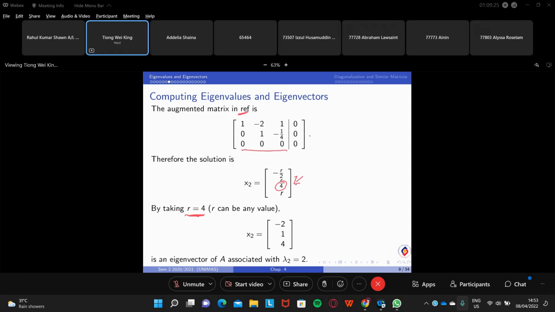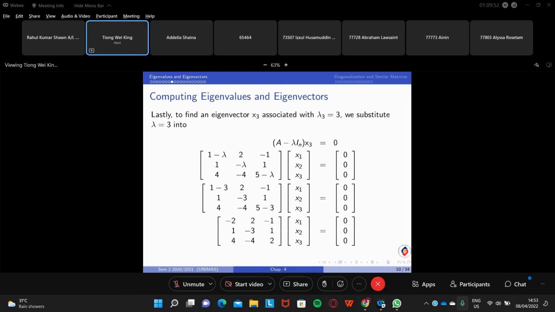But again, R can be any value. If you choose R equals to 4, then our eigenvector is this one. So this is the eigenvector for this eigenvalue. You need to remember that for each eigenvalue, you have a different eigenvector.